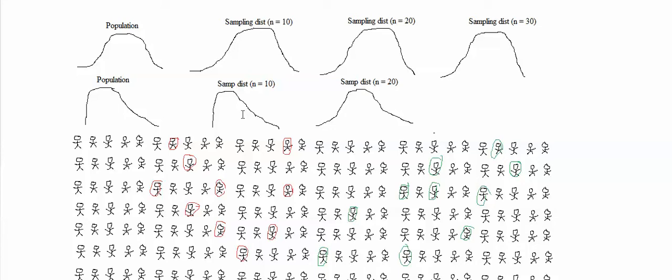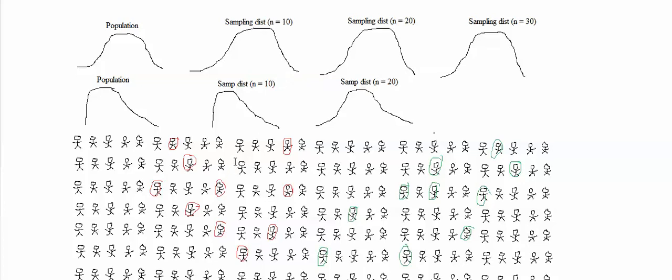But in this case, when the population is skewed, the sampling distribution becomes more normal when the sample size of the possible samples increases. So I'm saying that the sampling distribution for samples of 20 people would be more normal than the sampling distribution for samples of 10 people, because 20 is a larger sample size than 10.